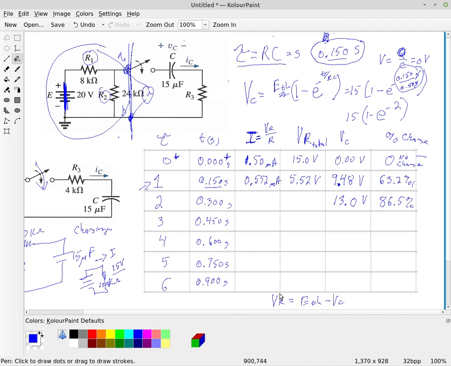Calculating VR using Kirchhoff's voltage law, it's the 15 volts minus the 13 volts, which leaves us at about 2 volts.